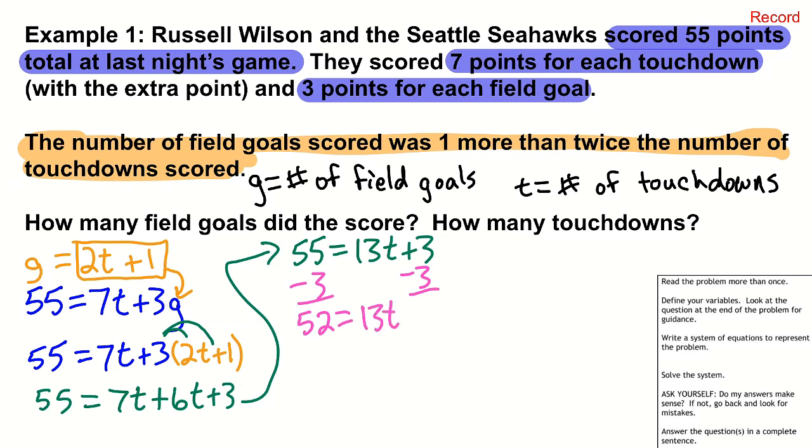Now I have 13 times t. To undo that multiplication, we use division. I divide by 13. 52 divided by 13 is 4. And on the right-hand side, we are just left with t. Questions about any of that?